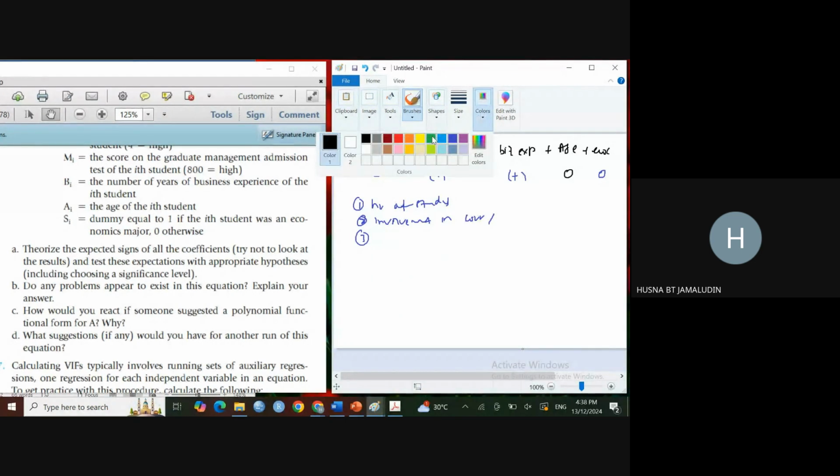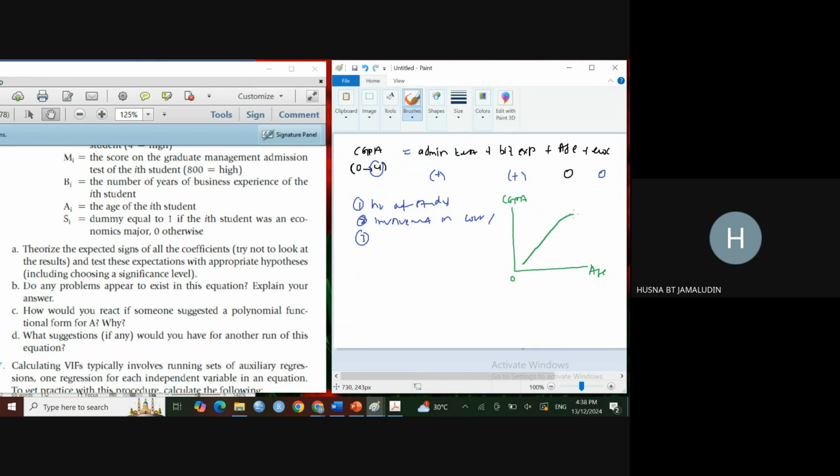I want to use a different color. Okay, so this is age, this is CGPA. So polynomial means that when this is 0, when your age is increasing, your CGPA increases. After a certain point, you are getting older, too old to study, then your CGPA will fall.